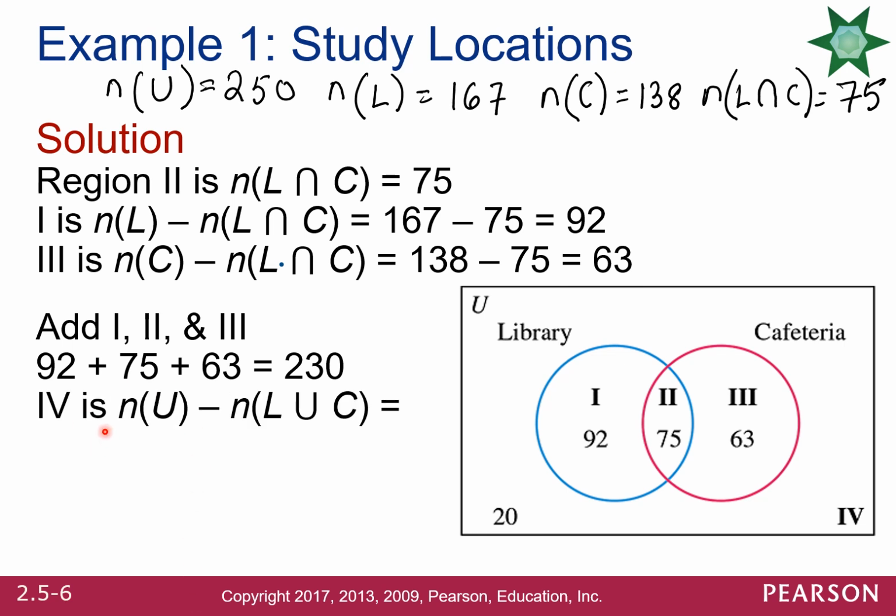So region 4 is the cardinal of the universe, n of U, minus n of L union C. This is union, all right? That means everything that falls in 1, 2 and 3. And that will give us 250 minus 230, which is equal to 20, and that would be the number we put in region 4.